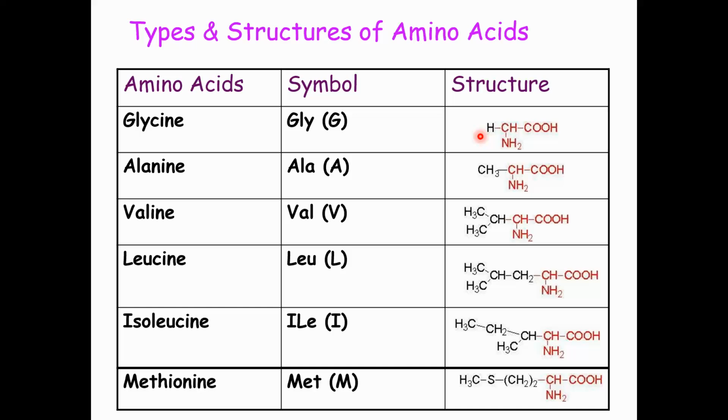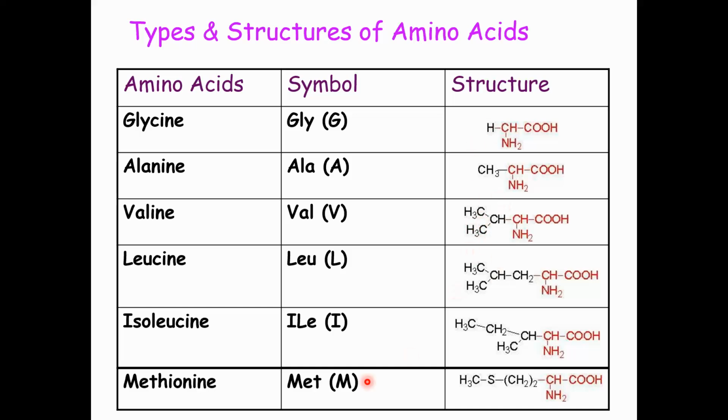Now if we look at the structure of alanine, we can see that all three groups are present as in glycine, but alanine has a different R chain that is a little more complex than the hydrogen atom. Then if we go to valine, the carboxylic group, amino group, central carbon, and hydrogen atom are the same as in the previous two, and we have a more complex R chain.